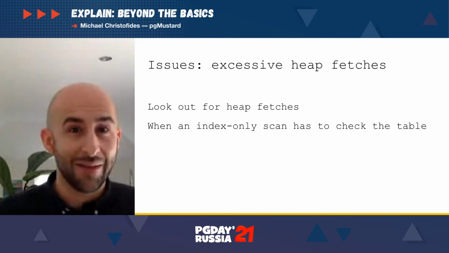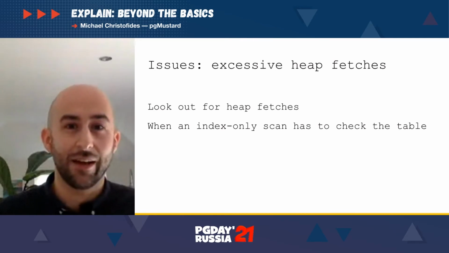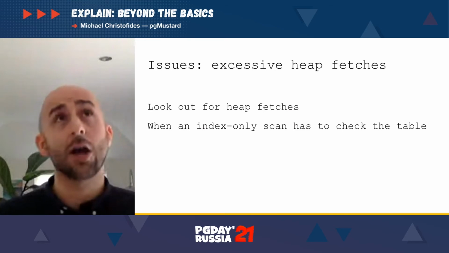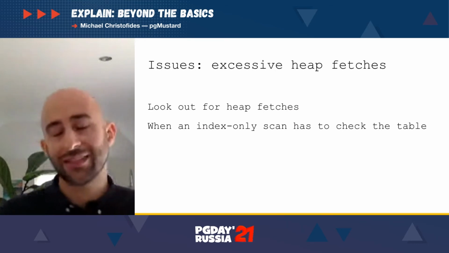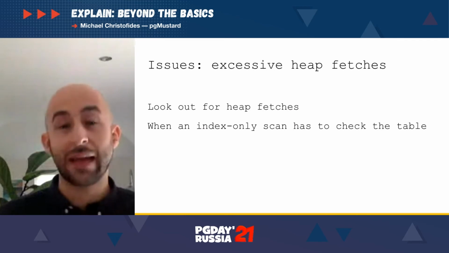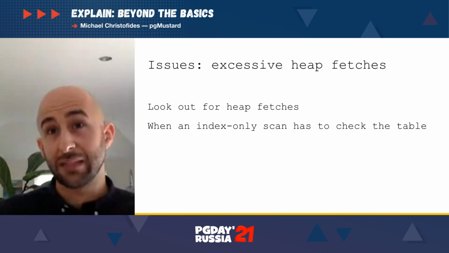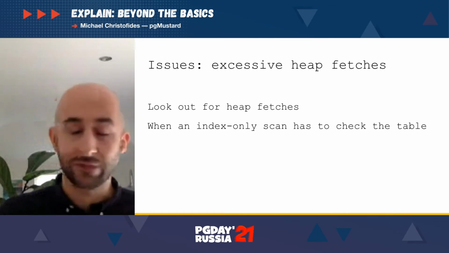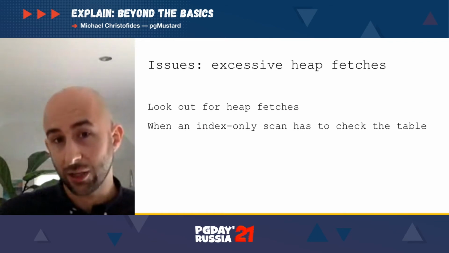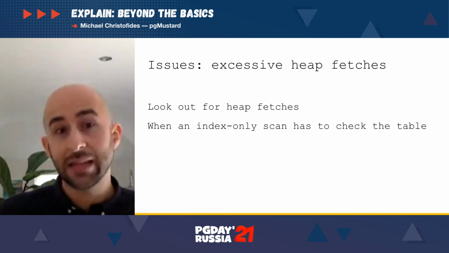Wonderful. The next issue is if you're doing an index-only scan that is no longer index-only, so it still needs to go to the heap. Now, this happens if the visibility map suggests that that block has since changed, since maybe the last time you vacuumed, or last time vacuum was able to reset that bit in the visibility map.